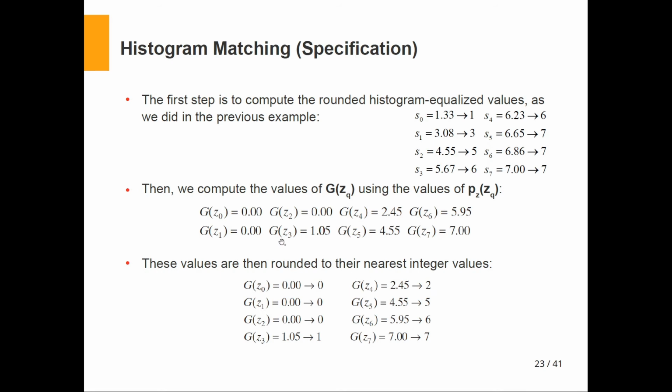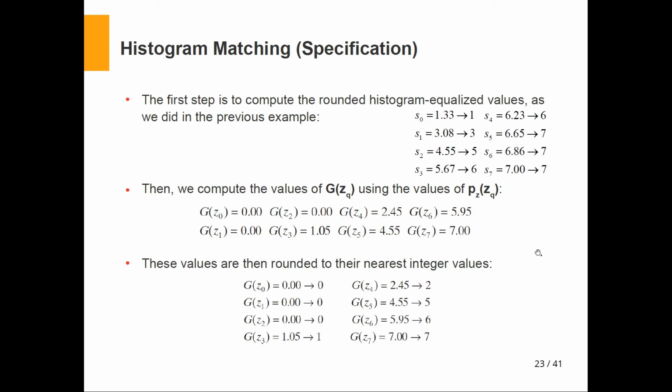And then you follow that for the rest of the intensity values as well. But again, since these values are fractional, but we cannot use fractional values in digital images, we round these to their nearest integer values. So the first three will be rounded to a value of 0. Then the fourth value is going to be rounded to 1, and then to 2, 5, 6, and 7.